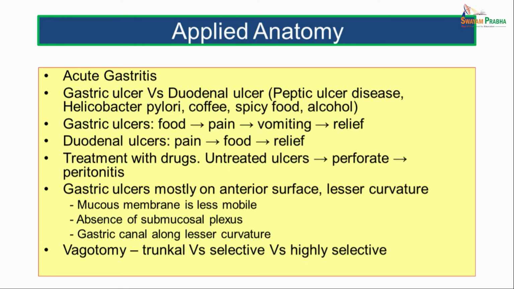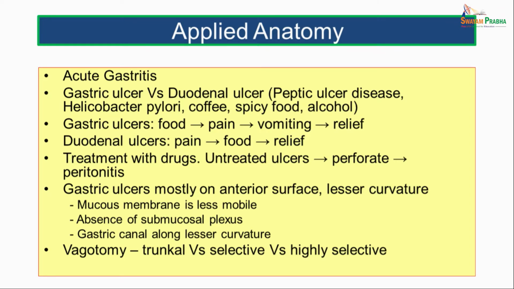Gastric ulcers are mostly seen on the anterior surface of the stomach nearer to the lesser curvature. Why? Because the mucous membrane is less mobile here. There is absence of submucosal plexus and the gastric canals are present along the lesser curvature.